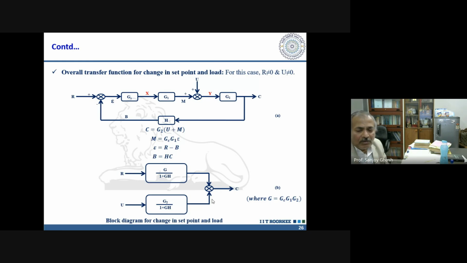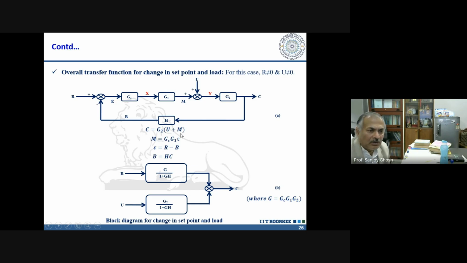Simple algebra is involved. G is nothing but GC, G1, G2, whereas the C and U relationship is G2 by 1 plus GH. Simple algebra, basic things I have given.